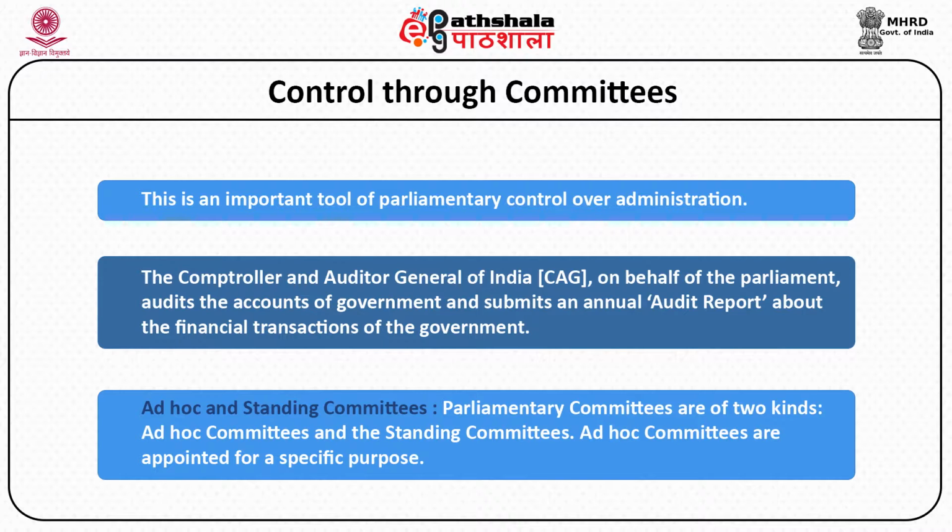As the name suggests, ad hoc committees are those which have been constituted for a specific purpose and they cease to exist when the purpose is over. Whereas the standing committees are constituted on a permanent basis and remain in force so long as they are appointed for a particular term.